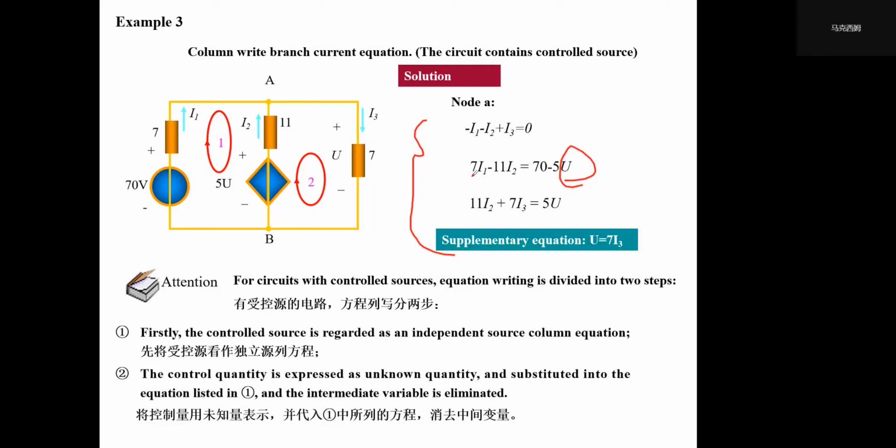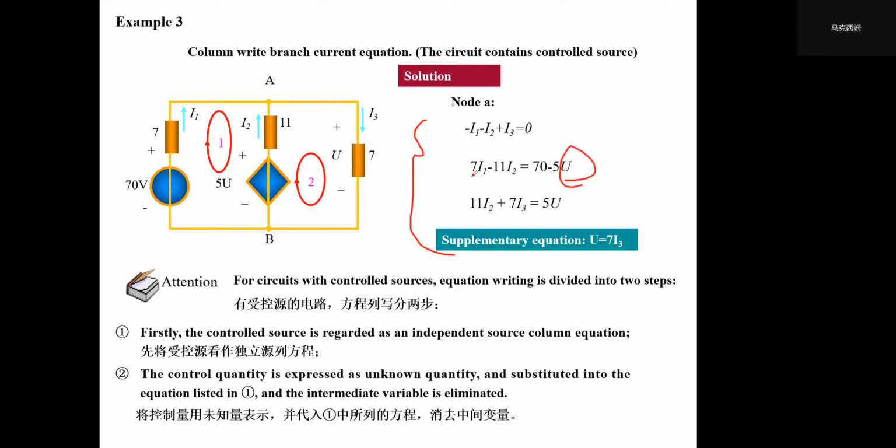So if you have a controlled source in your circuits, we don't have to worry about that. We just list the KCL and KVL equations as normal, and we find a constraint equation that illustrates the relationship between the controlled source and its controller variable.